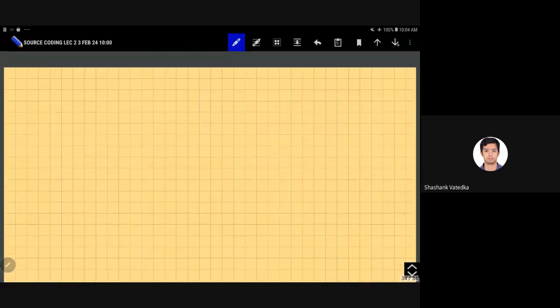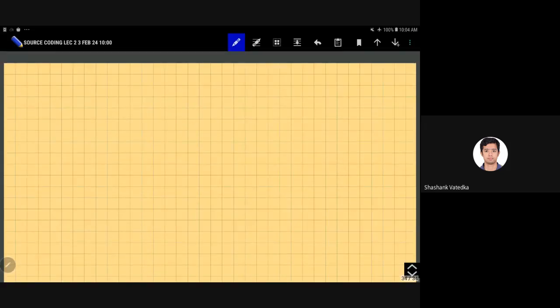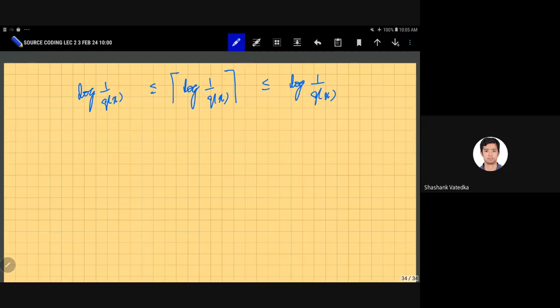So the Shannon code assigns codeword lengths of the ceiling of log 1 over q(x), which is greater than or equal to log 1 over q(x) and less than log 1 over q(x) plus 1.